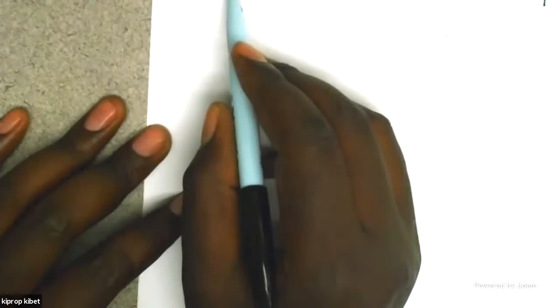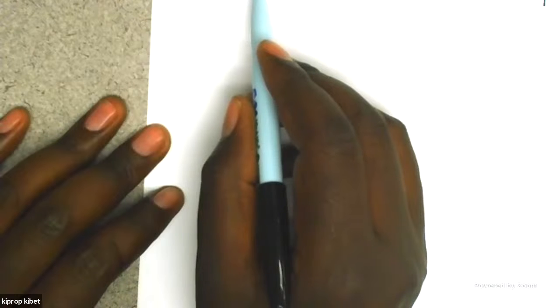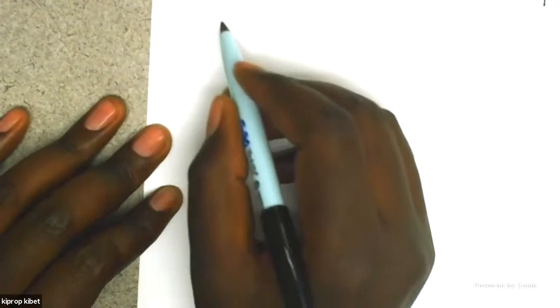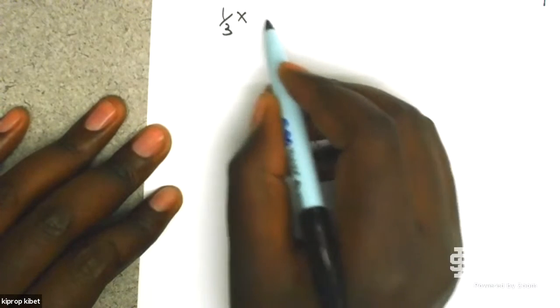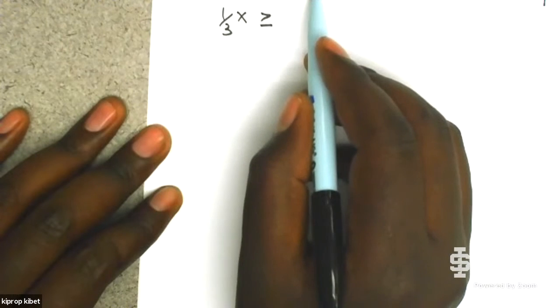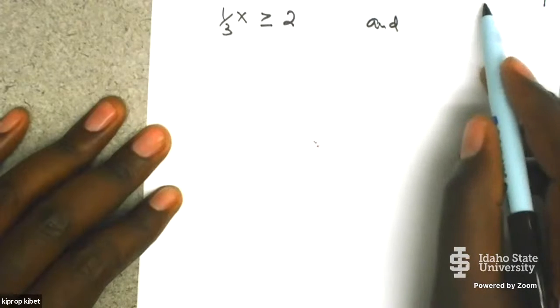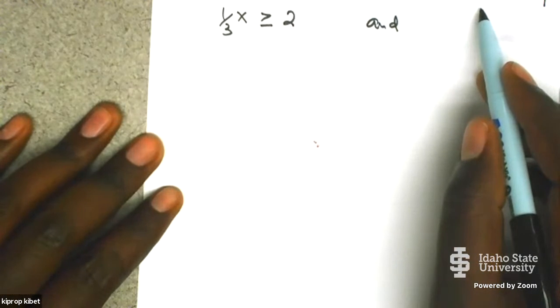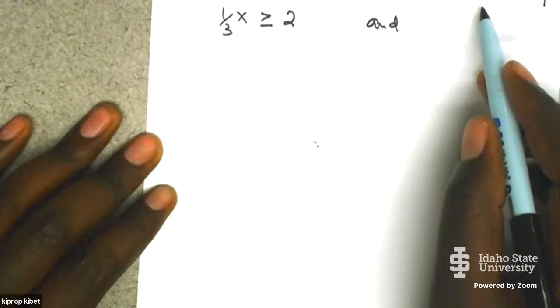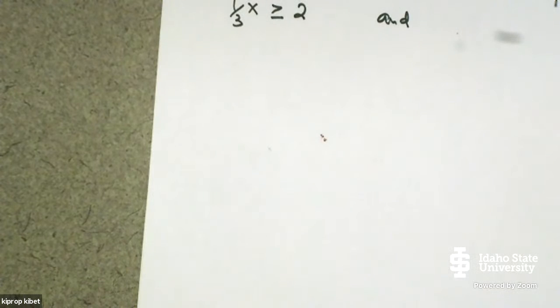Okay, so here we can take -4 to the other side. So 1/3x greater or equals to 2. And what do you do here? We divide by -2, right? So when we divide by a negative, or we multiply by a negative, what happens to the inequality? You switch.